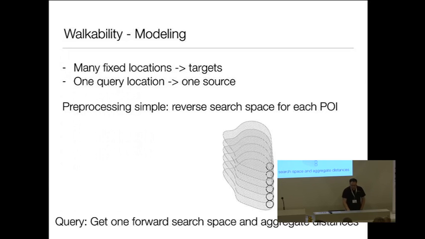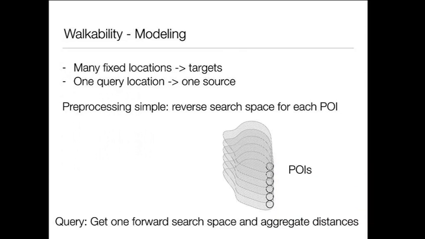And now, when we get a query location, we retrieve one forward search space and intersect that with the aggregated data. This is just traversing a list, so it's super fast. So in terms of query time, we're talking about like 2 milliseconds, retrieving a very complex storing function for a given location.